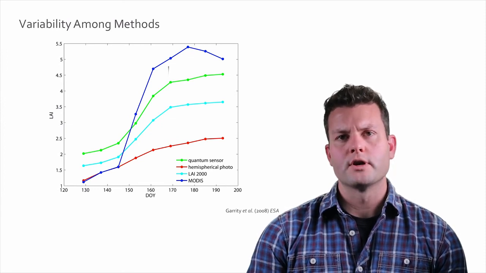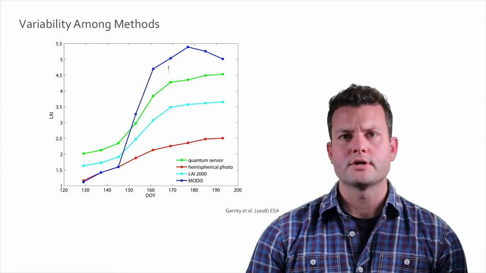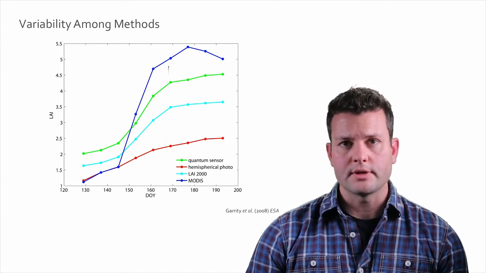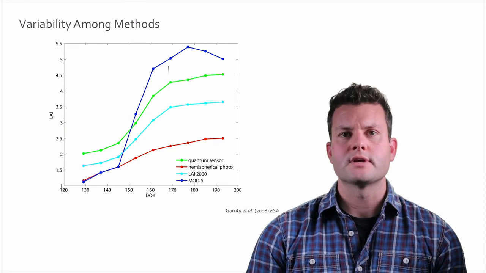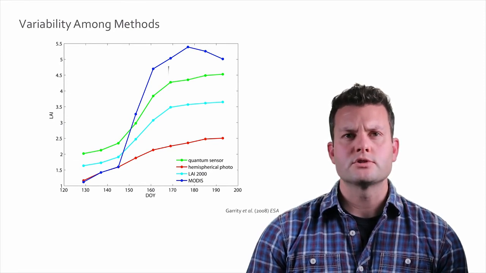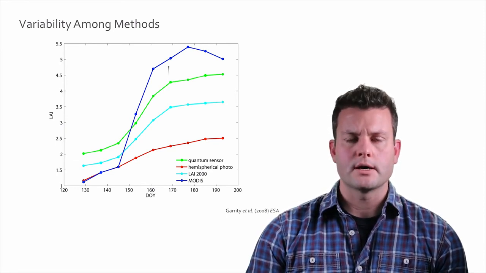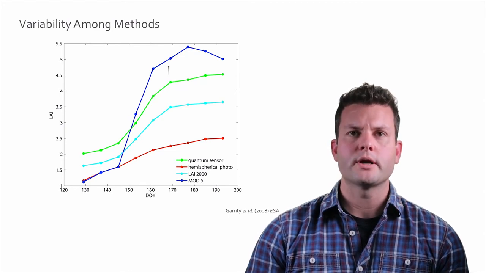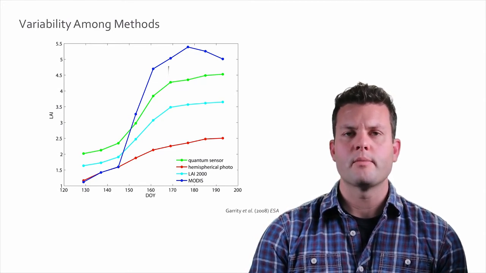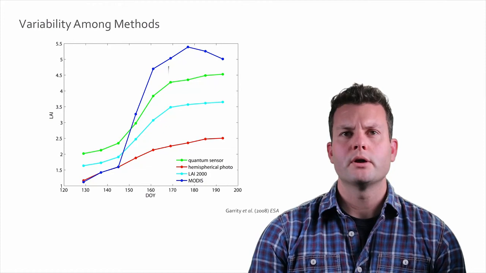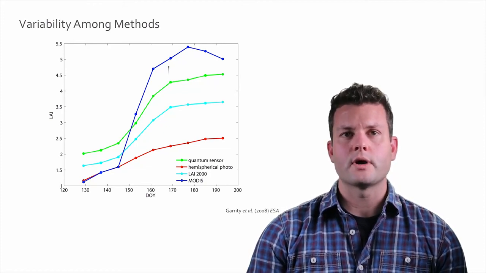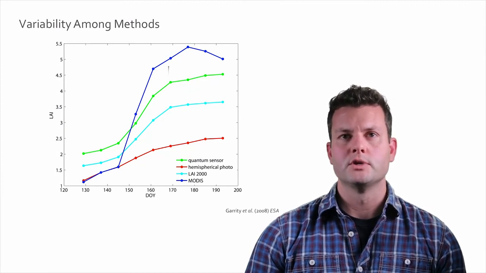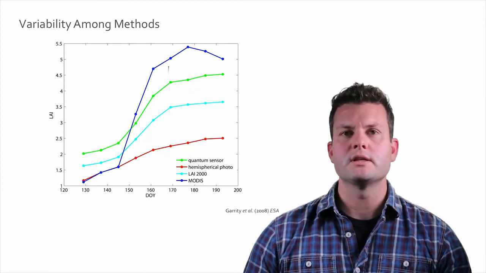I used 4 different methods: hemispherical photography, an LAI 2000, a quantum sensor or PAR sensor, and the MODIS satellite. They provide an LAI product, so I co-located that with some of my measurements and compared all 4 of them. On any given day, there's quite a spread of variability between the estimates provided by these methods.